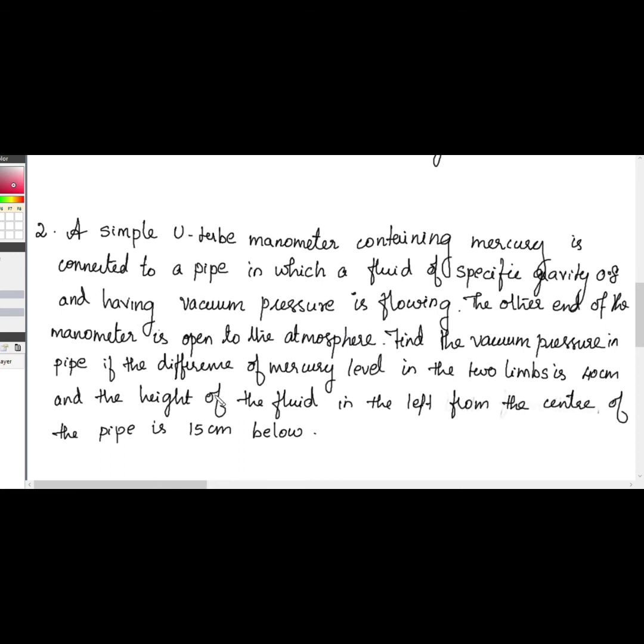A simple U-tube manometer containing mercury is connected to a pipe in which a fluid of specific gravity 0.8 and having vacuum pressure is flowing. So we will draw the manometer first. So this is our manometer. Okay, we have a pipe. Our manometer is a U-tube manometer.